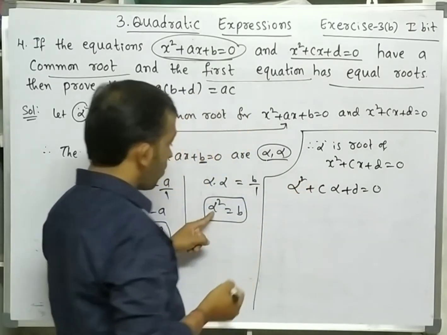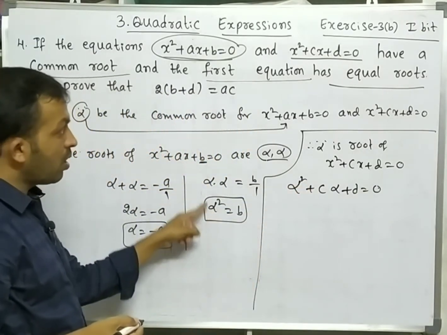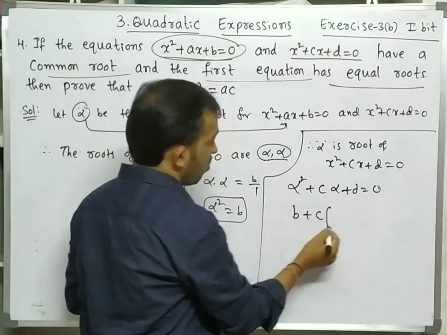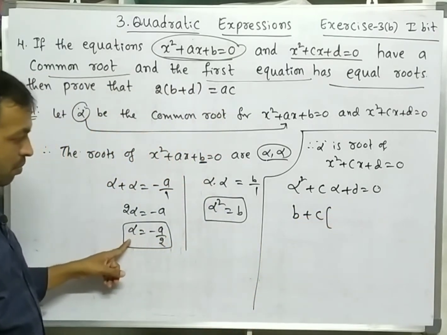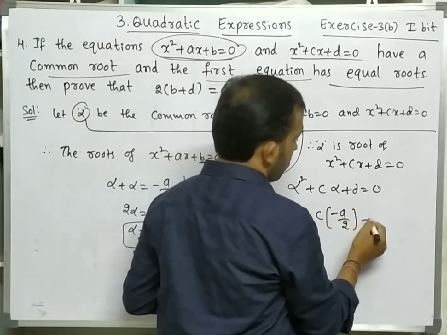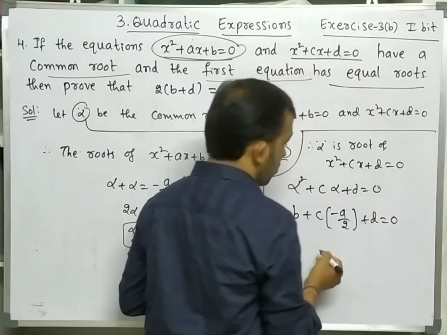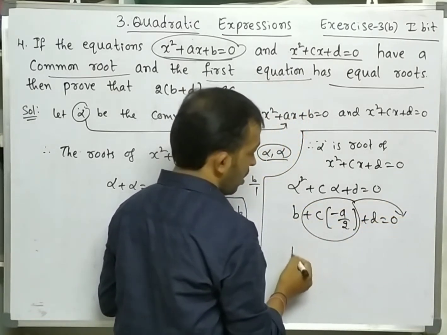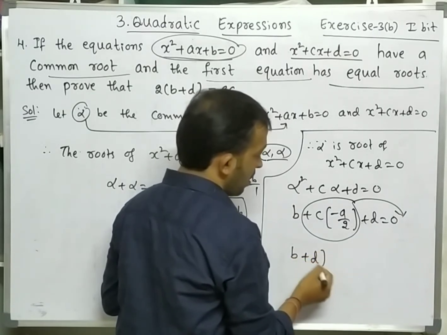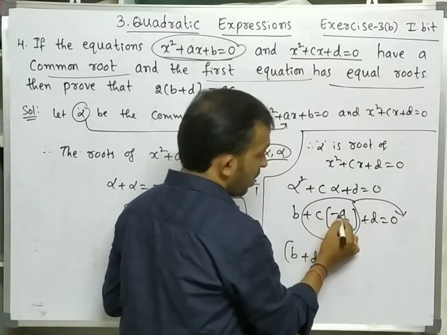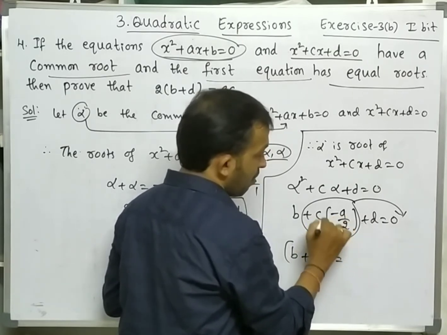What is the value of alpha square? Just now we got from the other condition, that is b. So b plus c into, the value of alpha, minus a by 2, plus d is equal to 0. Bring the negative term to the right hand side. Then b plus d remains on the left hand side, which is equal to ac by 2.